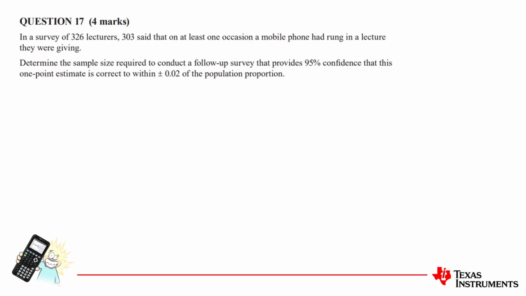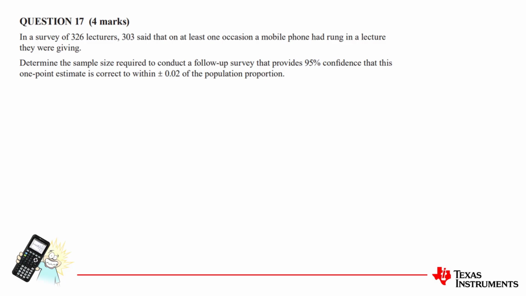All right, question 17. We're still on probability. So we've got here 326 lecturers, and of those, 303 said that they've had a mobile phone ring in a lecture they were giving. We're wanting to determine the sample size required for a follow-up survey that provides a 95% confidence that this estimate is correct to within 0.02 of our population proportion.